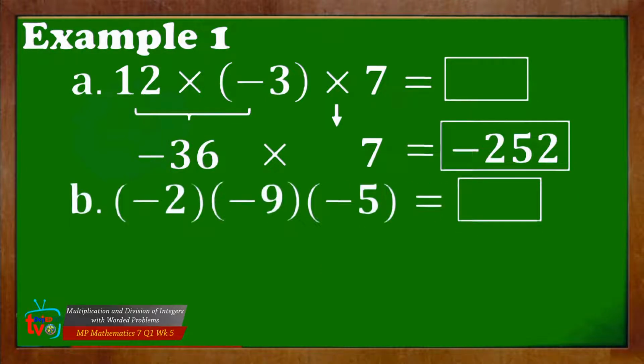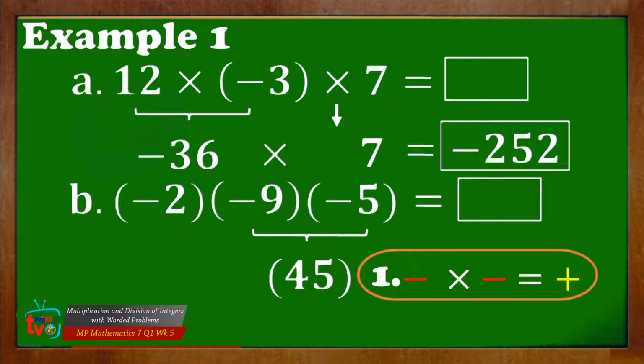Letter B example. What is the product of negative 2 when it will be multiplied to negative 9 and negative 5? This time, we will start from right to left. So negative 5 times negative 9 is equal to positive 45. It is positive because 9 and 5 have the same sign.